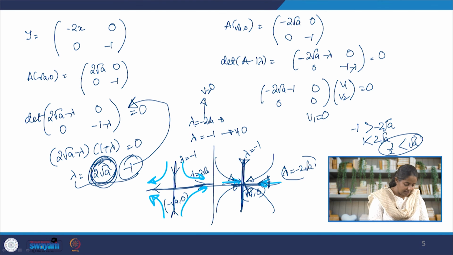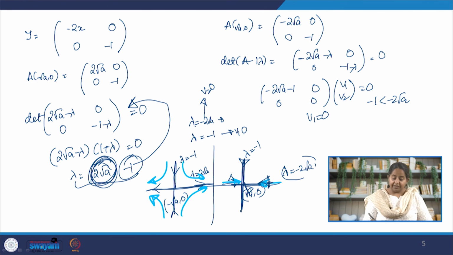However, if that is not the case, instead of being tangential to the x-axis, if the situation is different, where minus 1 is less than minus 2 root a, we can look at the relative values of the corresponding eigenvalues and figure out which eigenvector the trajectories would be tangential to. In one eigenvector the magnitude of lambda is 1, and in the other the magnitude of lambda is 2 root a.